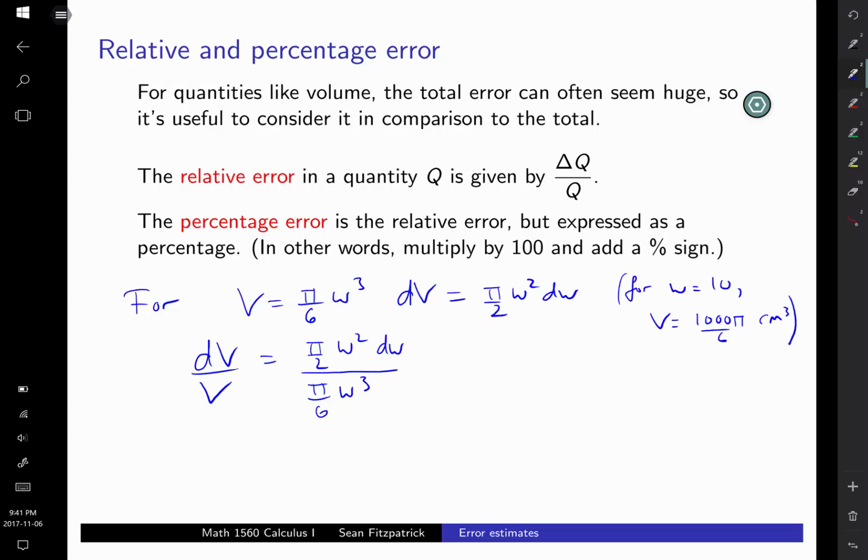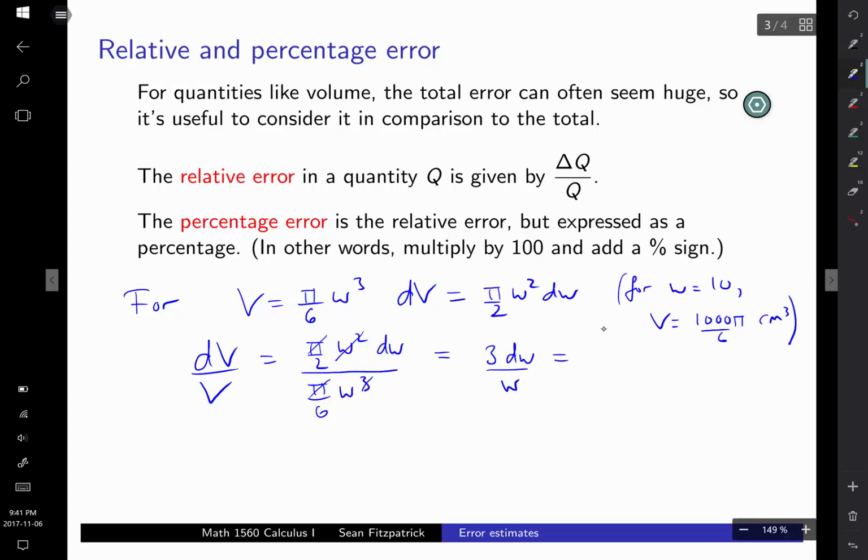And of course, if we wanted to actually compute this, we could also simplify it. W squared over W cubed leaves me with a W on the bottom. I can cancel my pi's. Dividing by 1 over 6, I multiply by 6. So I can get this down to 3 dW over W. And now it's not so bad.